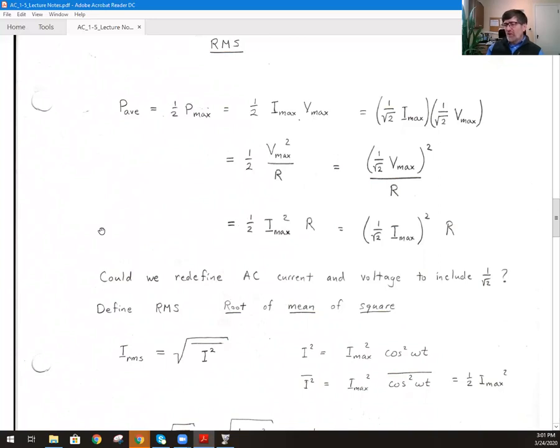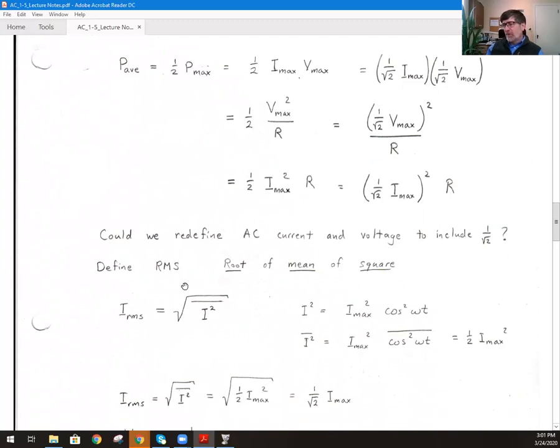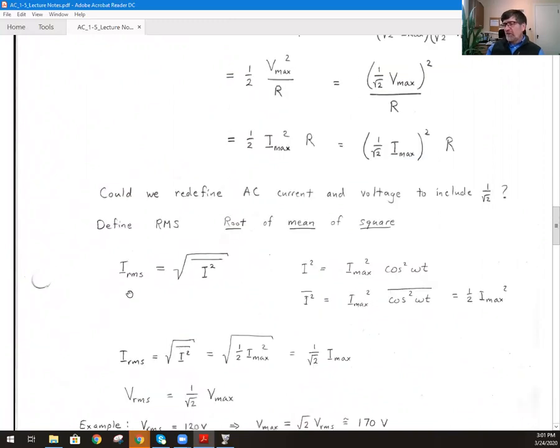We use something called RMS, which stands for root of the mean of the square. So the IRMS is the square of I, and then you take the mean of that, and then you take the square root. You sort of do it backwards from the way we say. You take the root of the mean of the square. So let's try that out.